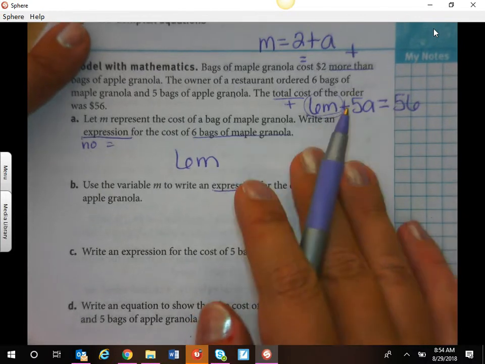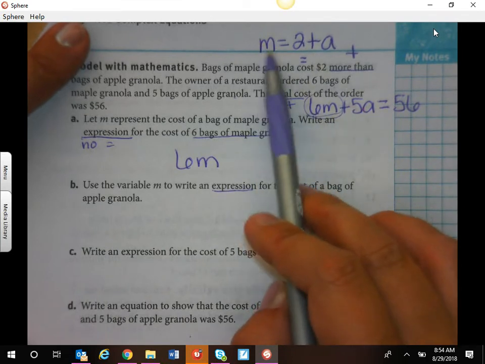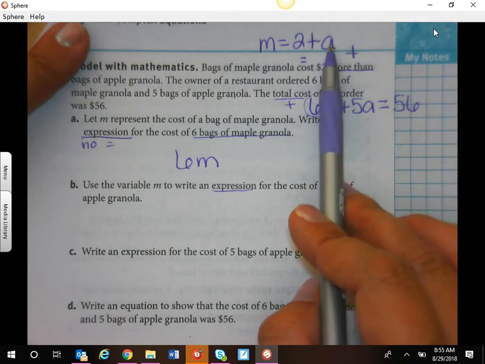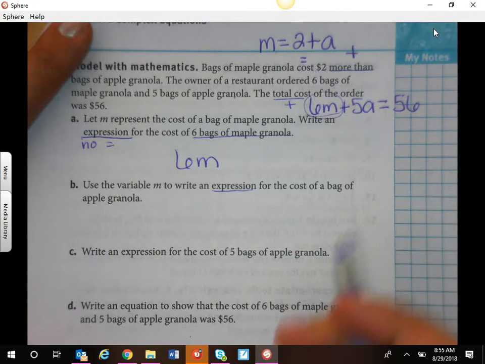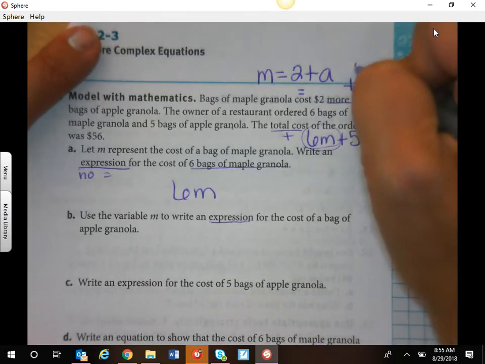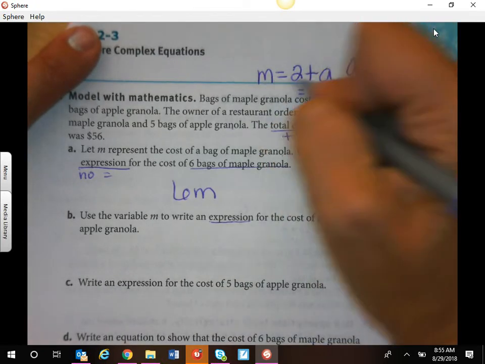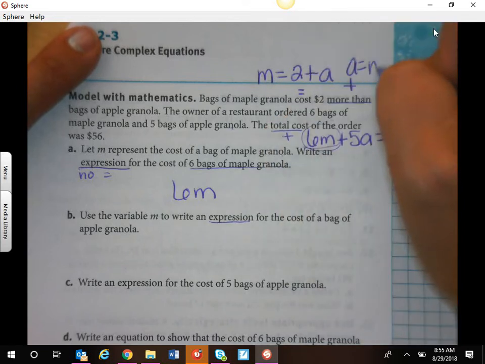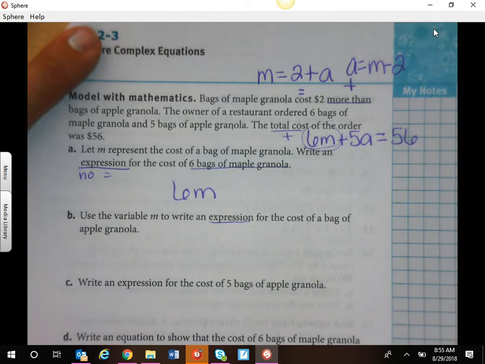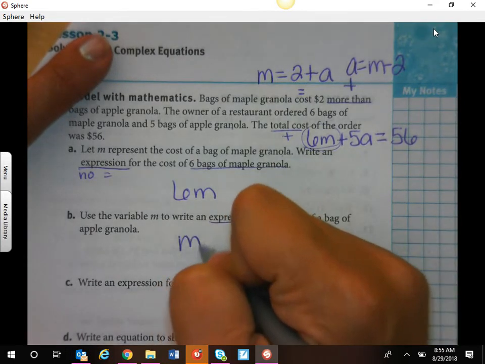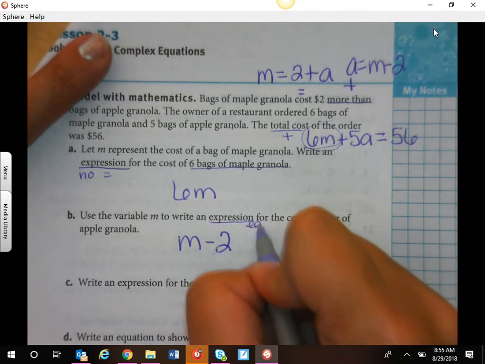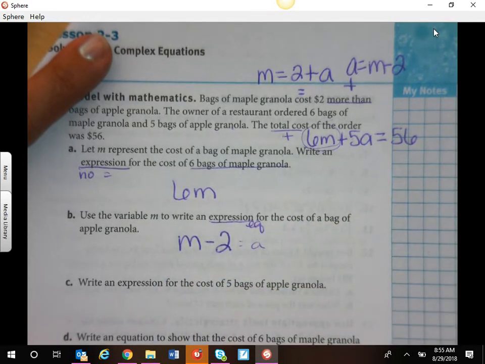Up here, we wrote the cost of a bag of maple. If maple is 2 plus apple, but now I want to know, how do I figure out how much apple is? I can rewrite this and say, if it's 2 more apples to get maple, then if I take my maple minus 2, I'm going to get my apple. So maple minus 2. If you wanted to change this to an equation, then you could say equals A. That's up to you.